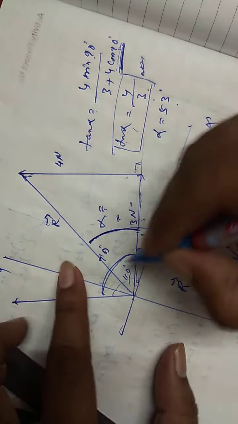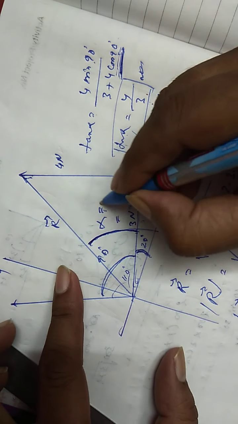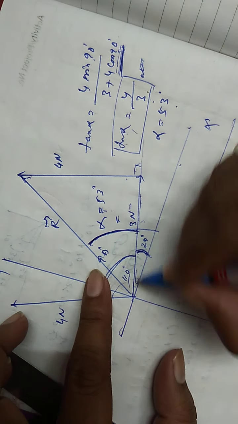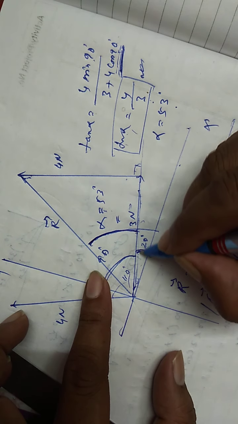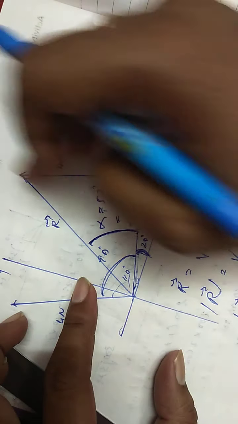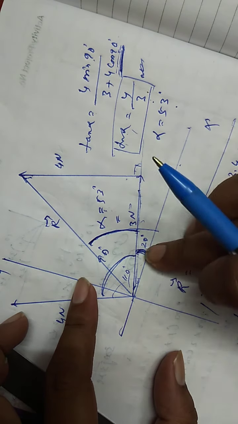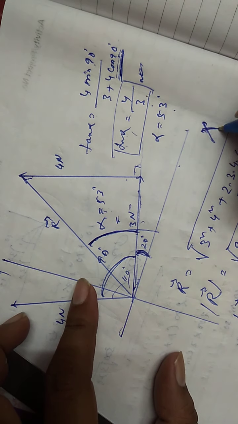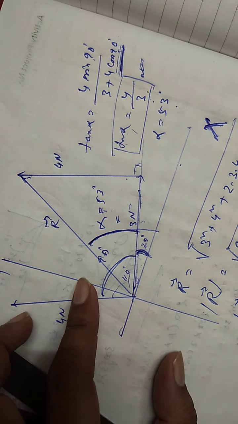How 73 degree? This angle is 53 with 3 Newton, and 3 Newton is at 20 degree with the x-axis. So R acts at 53 plus 20, that is an angle 73 degree with the x-axis. This is your x-axis.